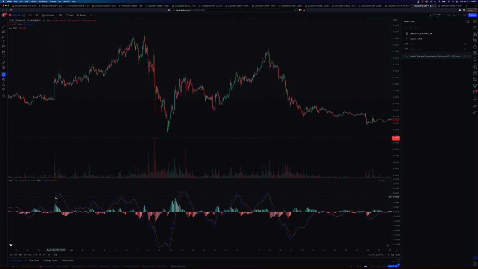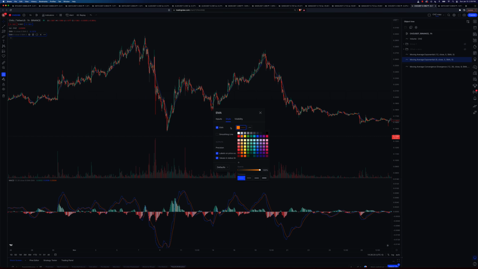So the first one, we'll set that to 12 for the length. We'll keep that blue to match. Hit OK. And the next one will change to 26 and make that match the orange one. Inputs, length 26.